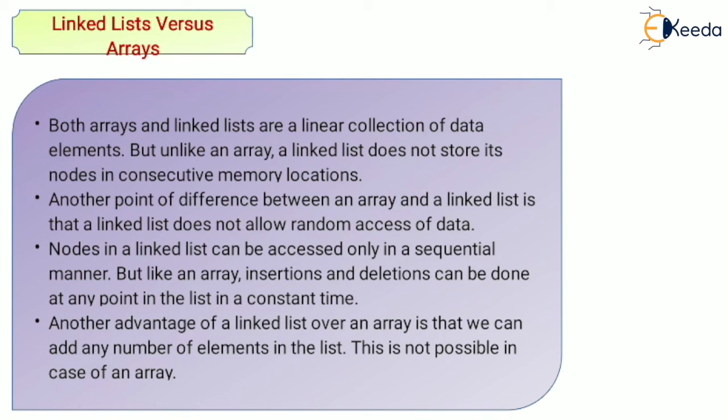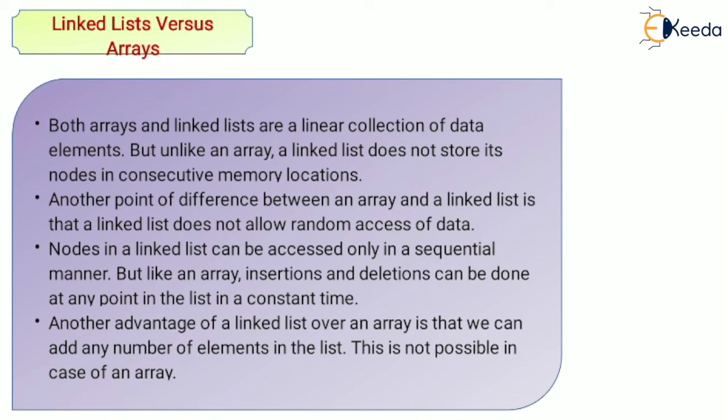Another point of difference between an array and a linked list is that a linked list does not allow random access of data. We are not randomly accessing the data; we are using a node.